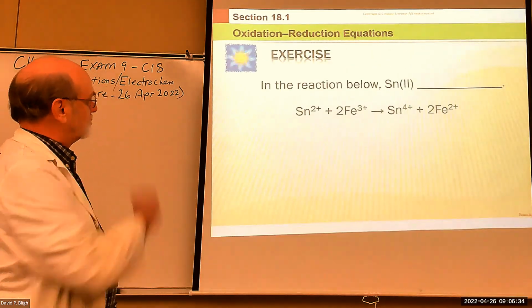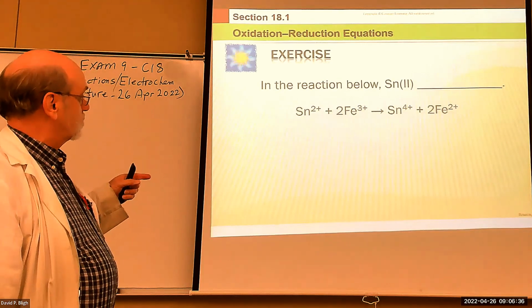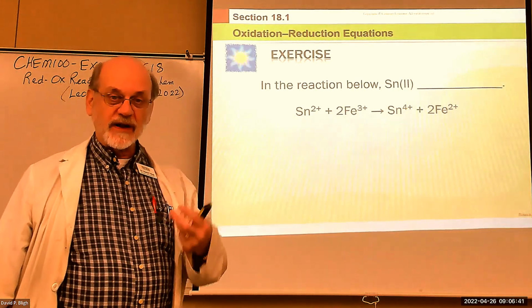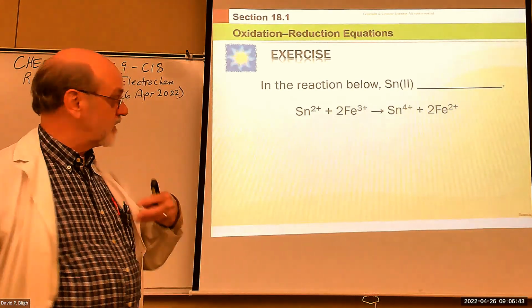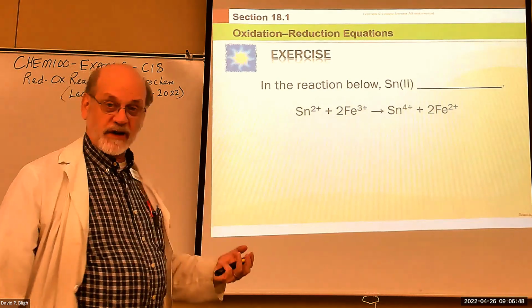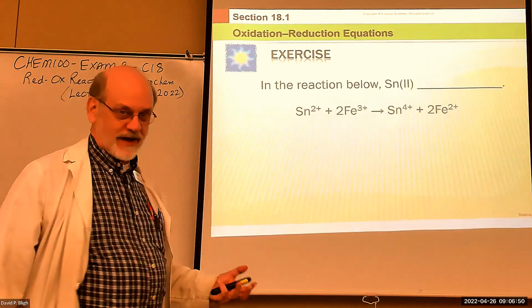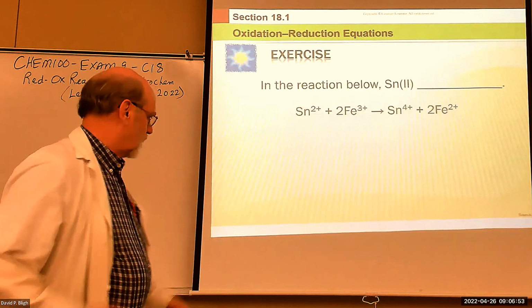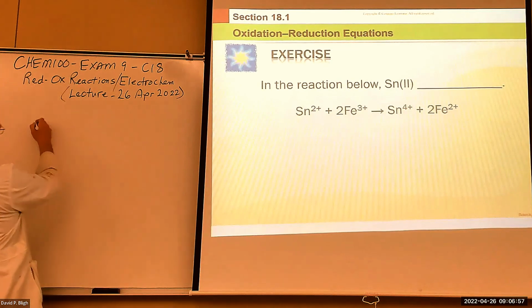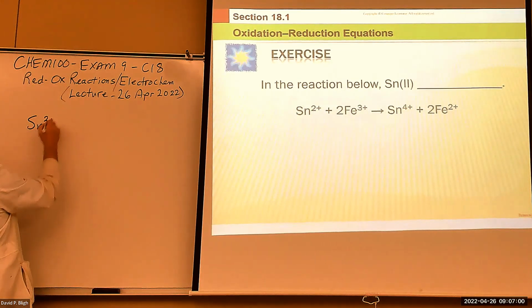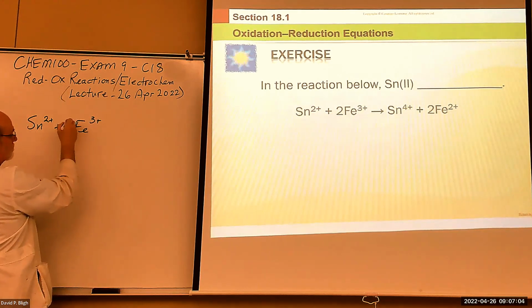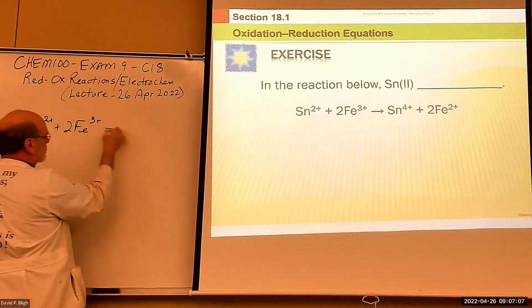Okay, so if we have this situation where we're looking at a tin 2+ ion reacting with an iron 3+ ion, we end up with a tin 4+ ion and an iron 2+ ion. So this is the way I like to diagram these things. If I write that one and this one, this reaction is balanced for us.